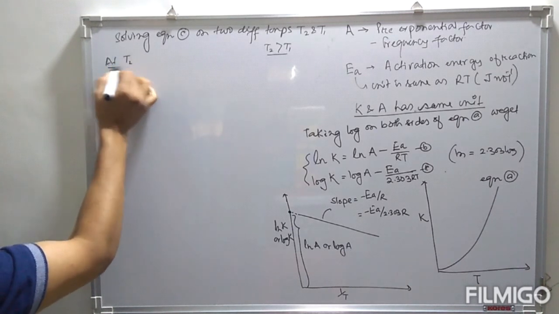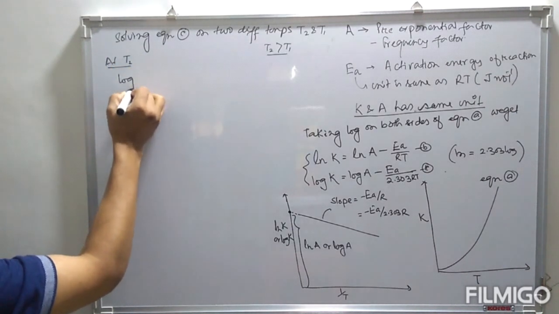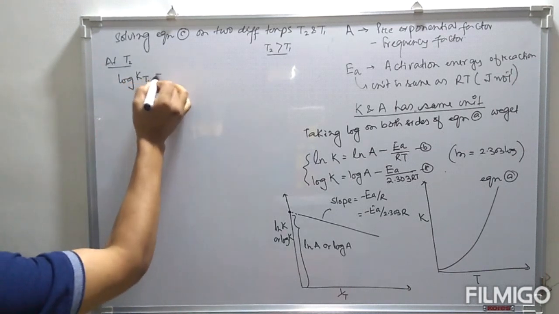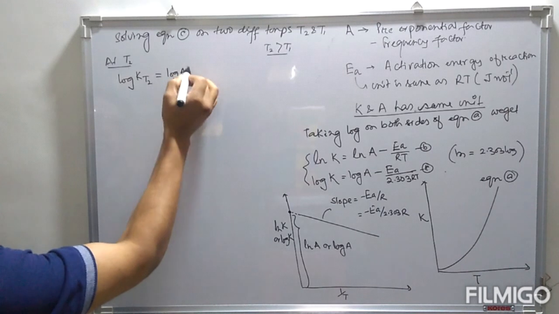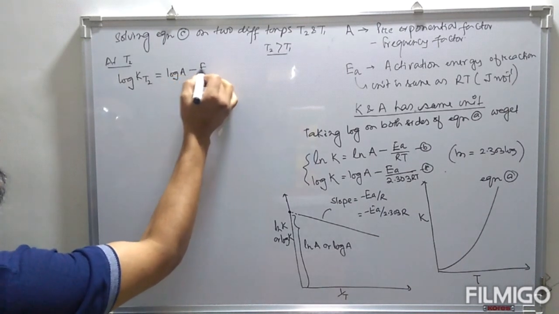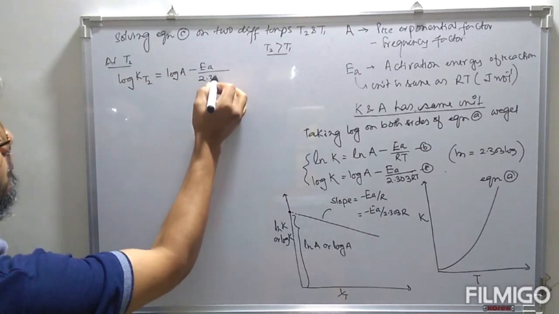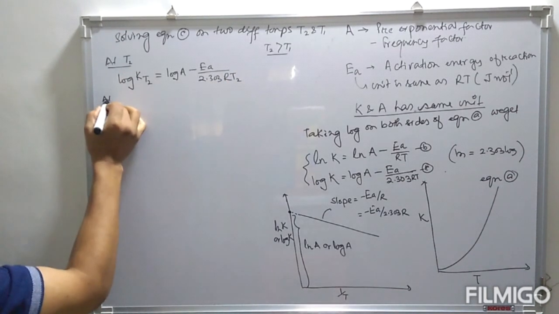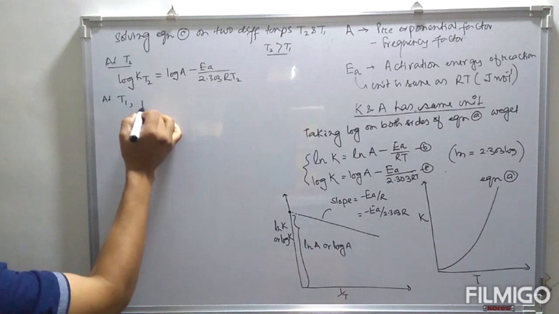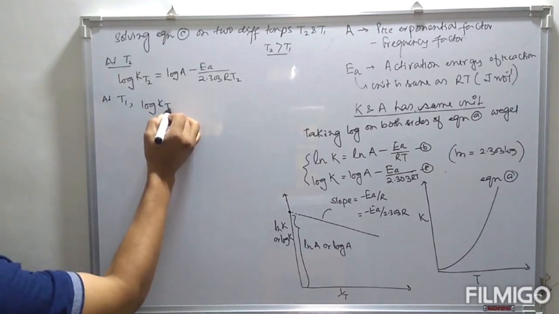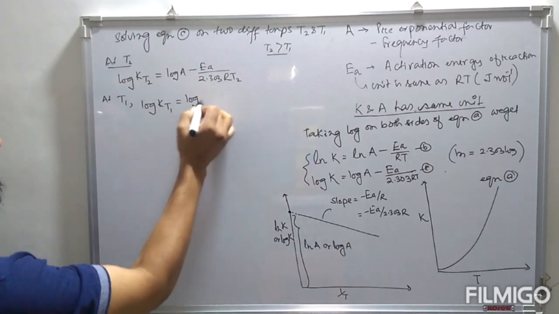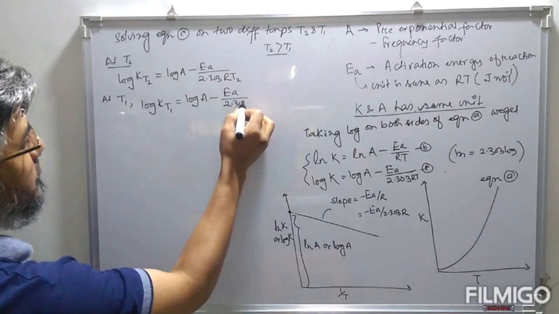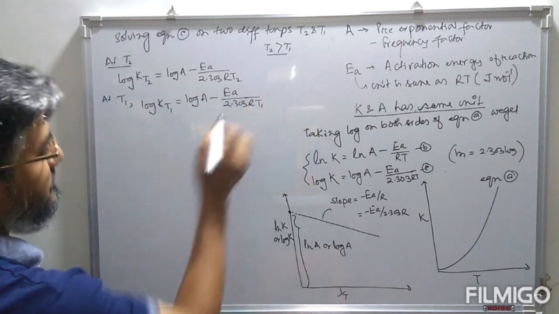At T2 we have log k at T2 equals log A minus Ea by 2.303 R T2. At T1 we have this equation: log k at T1 equals log A minus Ea by 2.303 R T1.